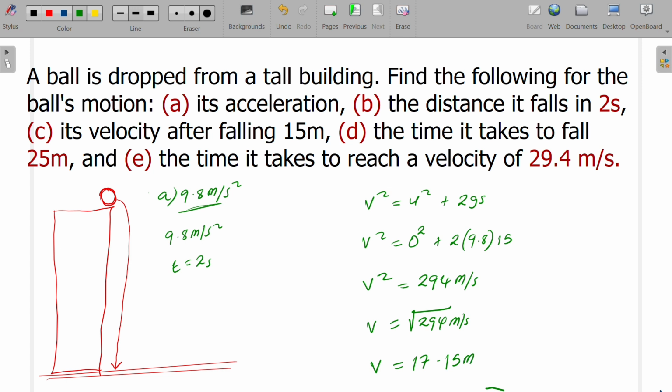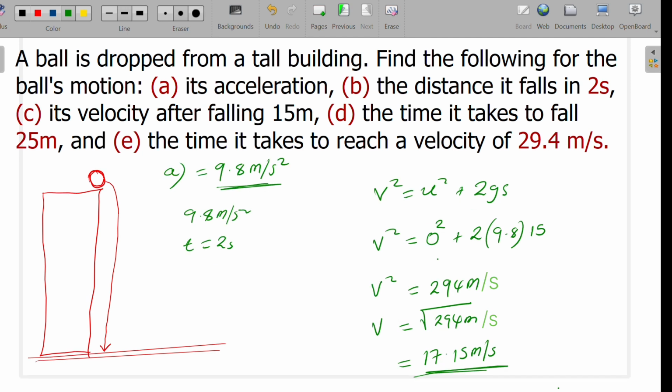This is in the units of meters per second. So this is our velocity rounded off to 2 decimal places, 17.15 meters per second. We go to D.